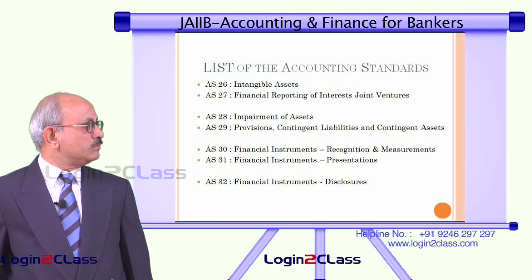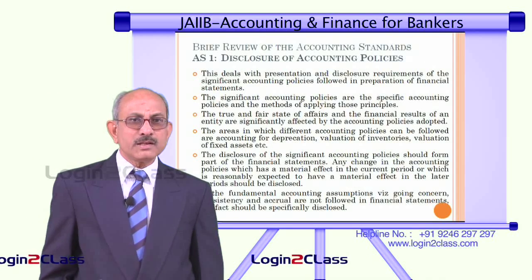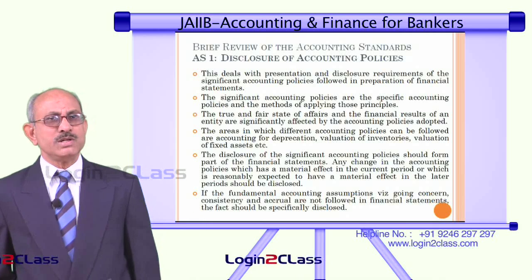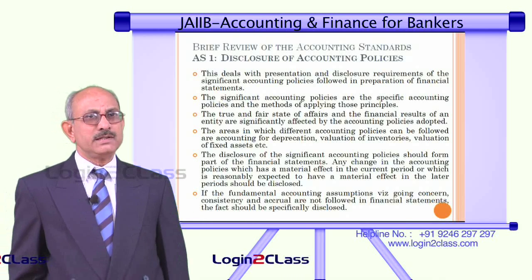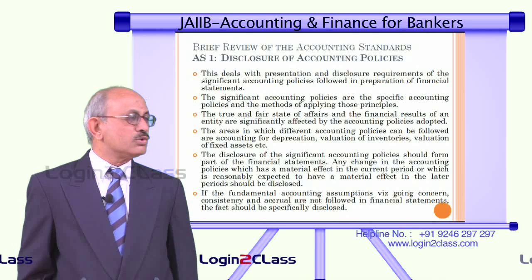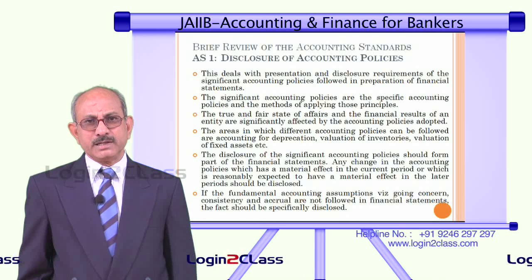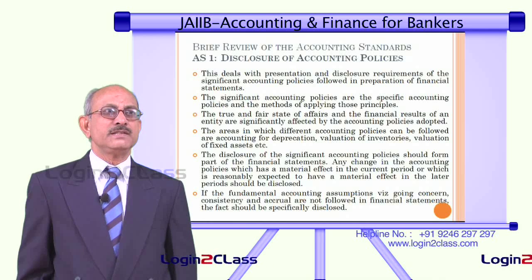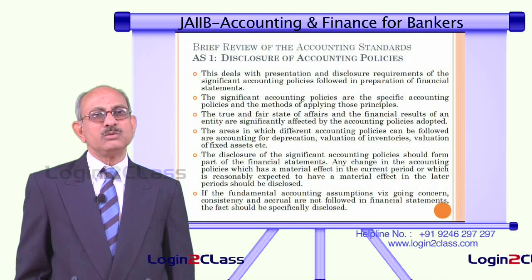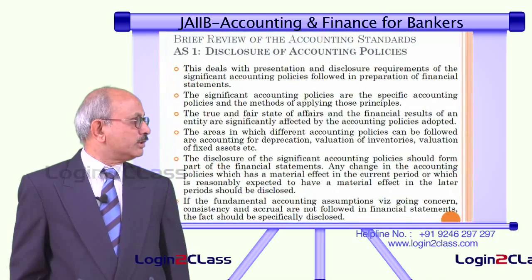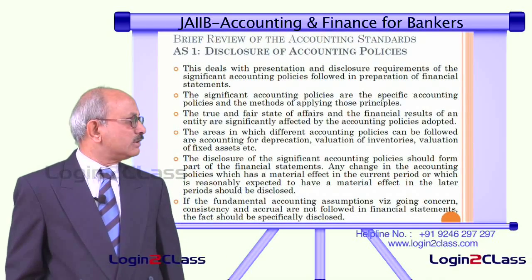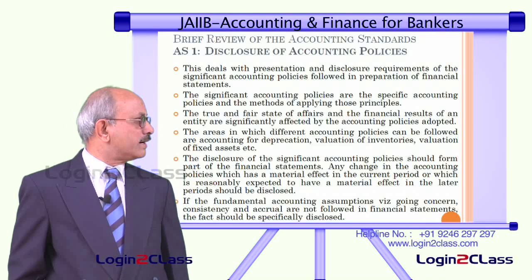Now let us try to understand the salient features of each of these accounting standards. We need not go into the details. It is sufficient if you know what is the purpose of this particular accounting standard, what are the salient features of these accounting standards and how they have to be implemented. So let us start with the first accounting standard, known as disclosure of accounting policies, AS1.